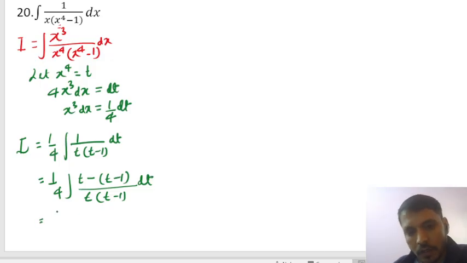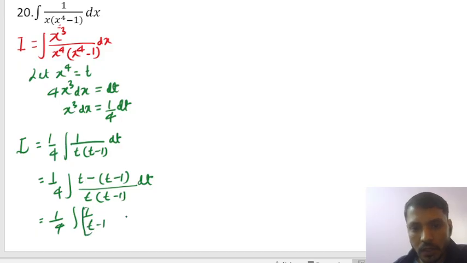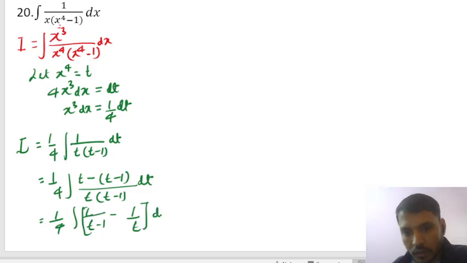Finally, if you divide separately, t will get cancelled. We will have only t minus 1, and here t minus 1 will get cancelled out. So we will have only 1 by t into dt.